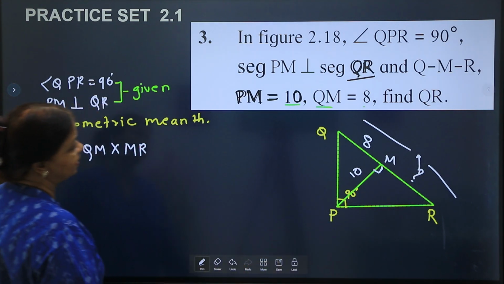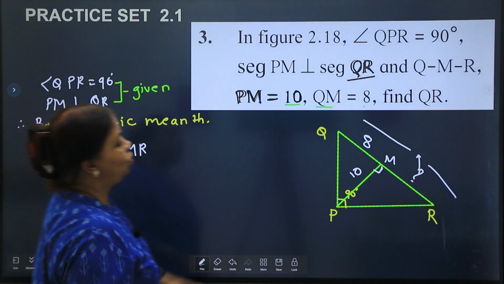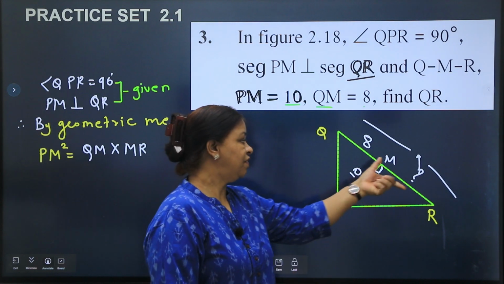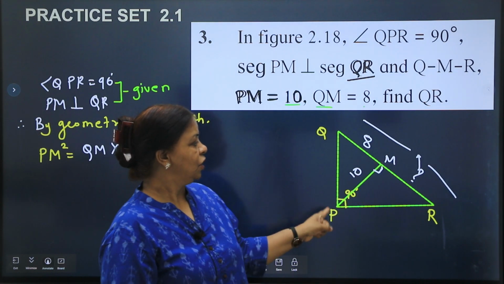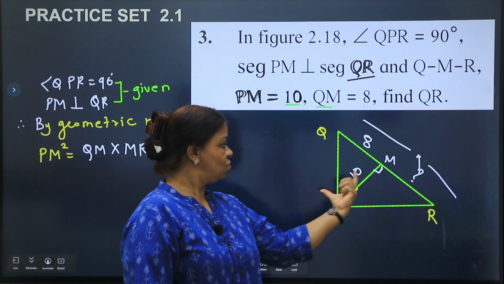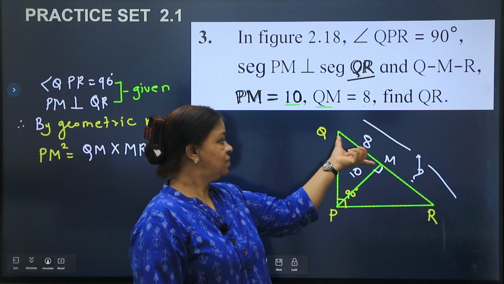To find QR, you should know MR. And to find MR, you can use geometric mean theorem, because square of this will be equal to this part into this part.